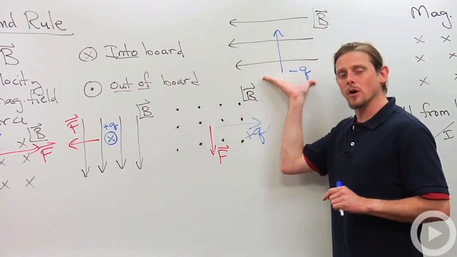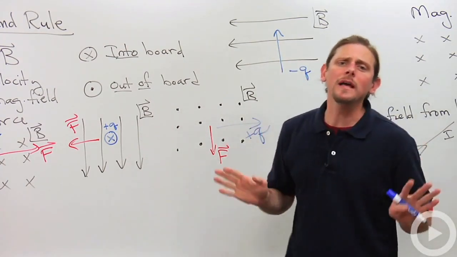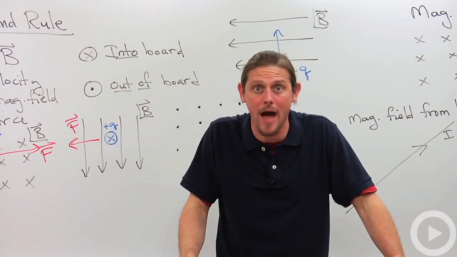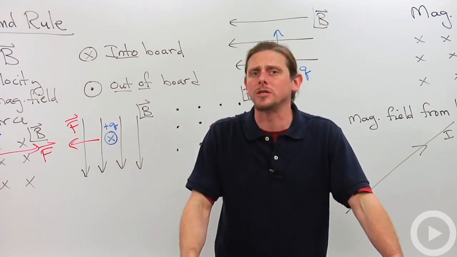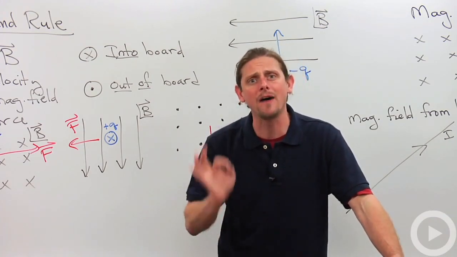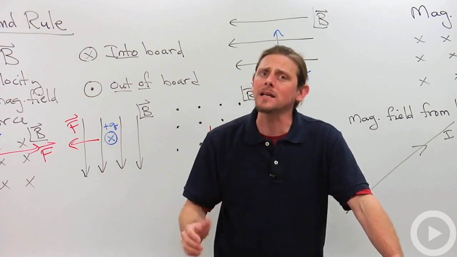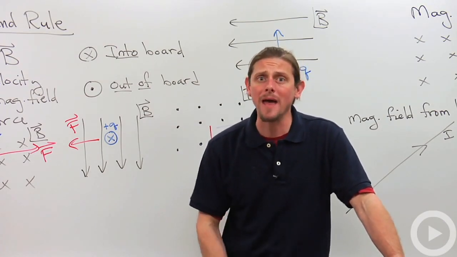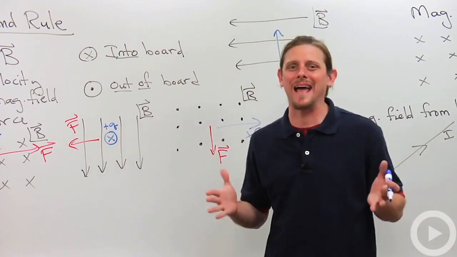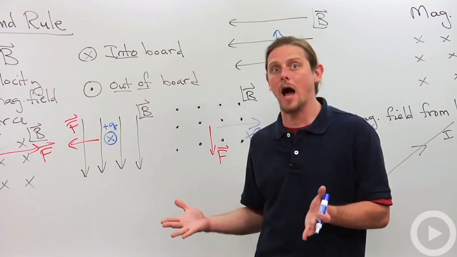All right, one more little twist. What if it's a negative charge? Now, there's a real easy answer to that. You just pretend it's a positive charge and then just do whatever's the opposite of that. But there's another way which is actually more useful in practice because electrons have negative charge. So a lot of times on these exams, you'll be asked about electrons a lot. And you don't want to have to always do it as if it was positive and then just not listen to it.